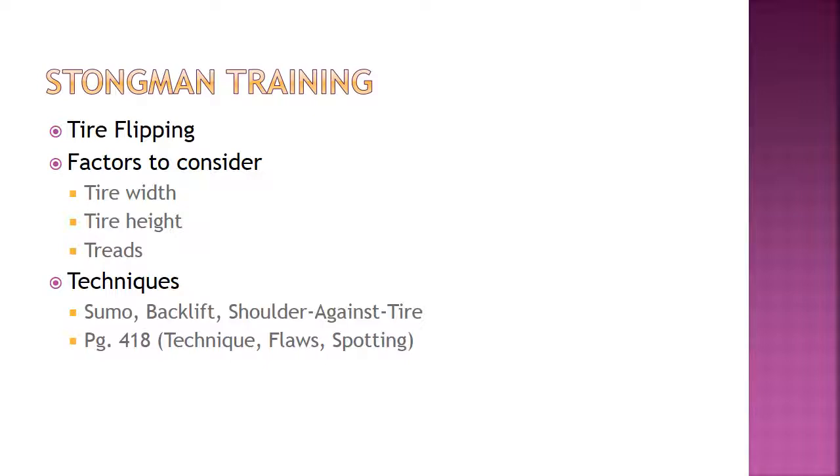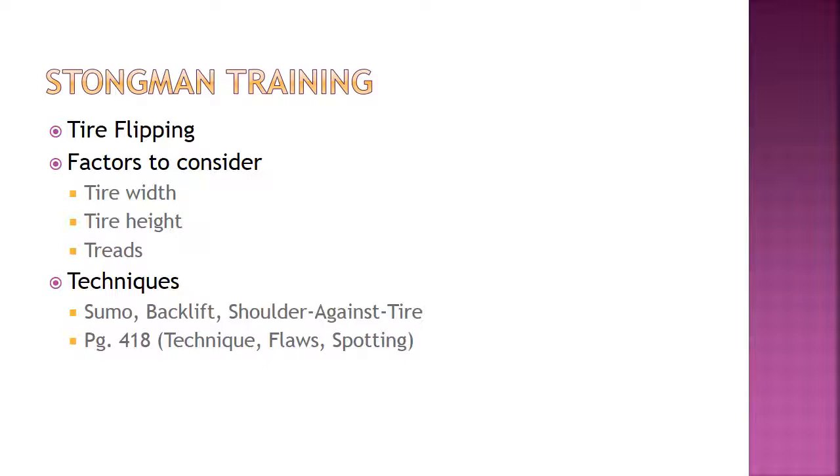Again, you do lose some advantage to that, so now you're a little bit more hip width as you would with a conventional deadlift, and they consider that the back lift style. The shoulder against tire is a little bit more traditional, and this is what you see most people actually using, and that technique is highlighted in your textbook.